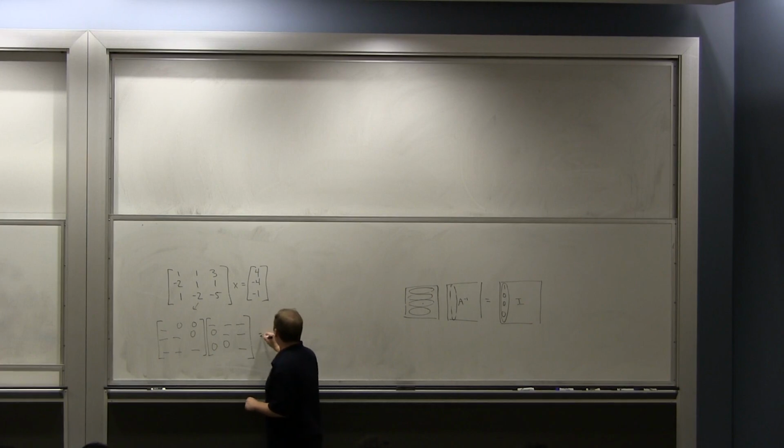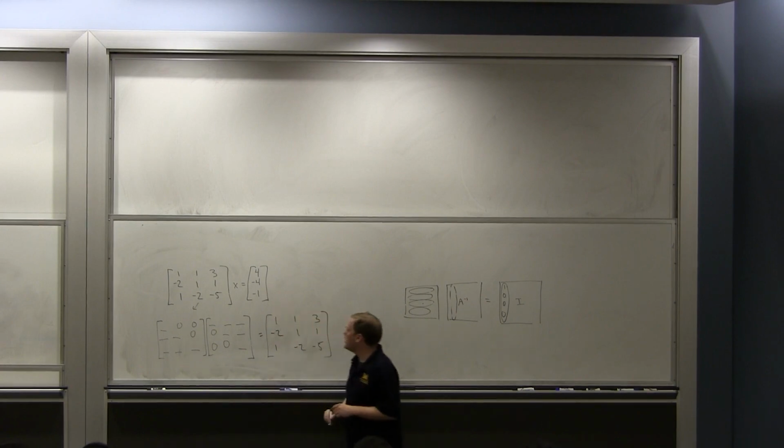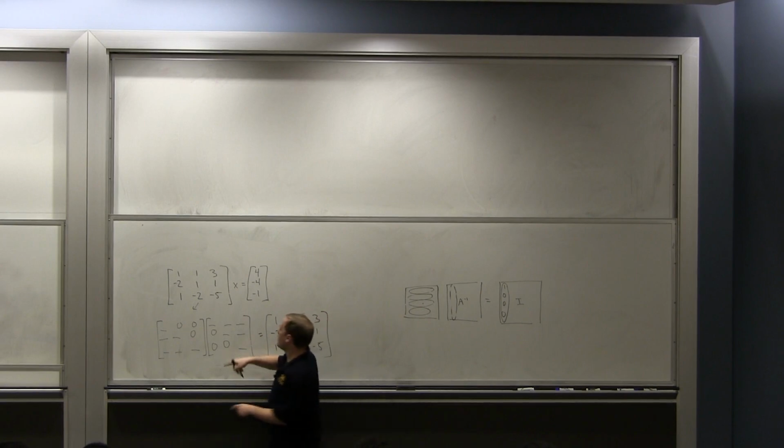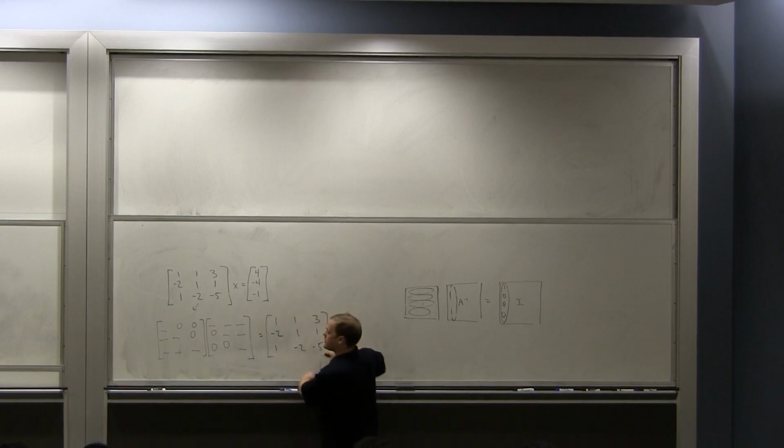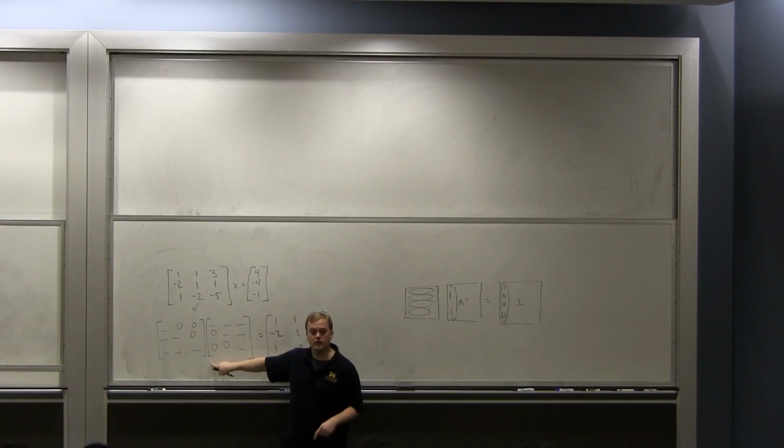Let me just copy this matrix here: minus 2, 1, 1, 1, minus 2, minus 5. All you're going to do is look for entries of this matrix that are easy to compute over here, ones where I get mostly zeros or no unknown numbers.